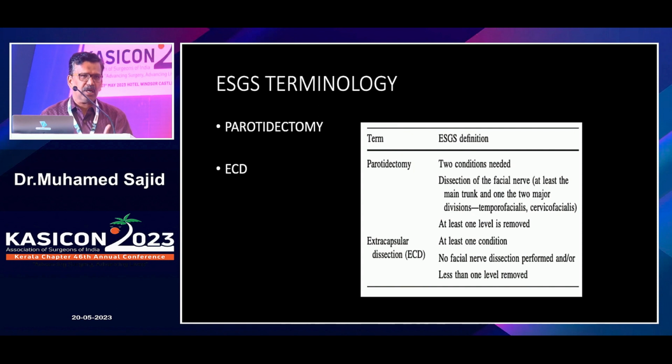So extracapsular dissection is dissecting outside the capsule of the gland together with removal of any one of these levels. So that is what is meant by the two basic terms of extracapsular dissection and parotidectomies.